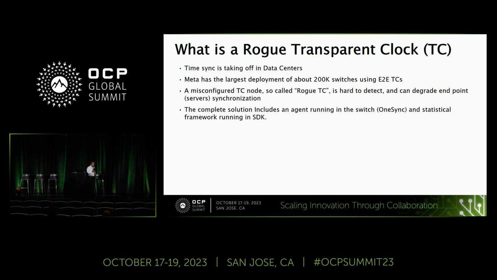So now that we understand what is a transparent clock, what is a rogue transparent clock? Because transparent clock is easier to implement compared to boundary clock, and also it provides good enough time sync performance for many applications, including data center and other applications, it is really taking off. And Meta has also deployed transparent clock at a large scale.